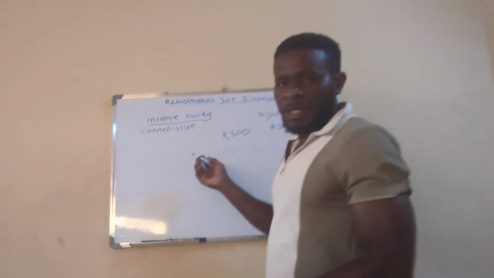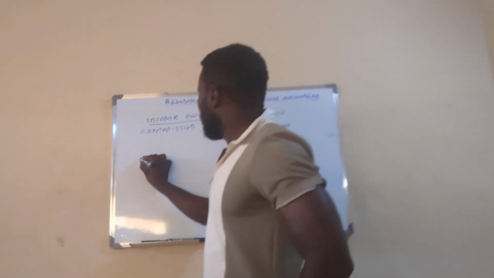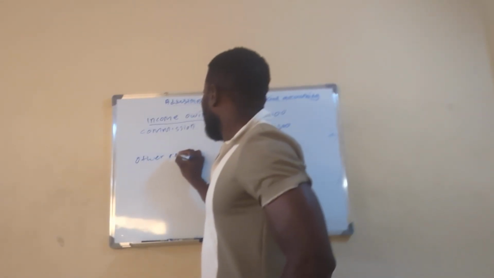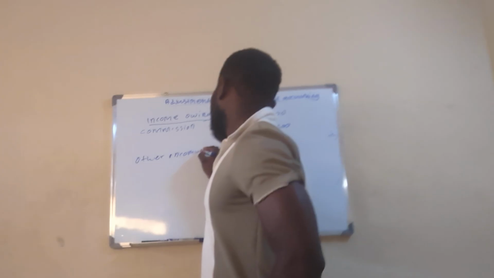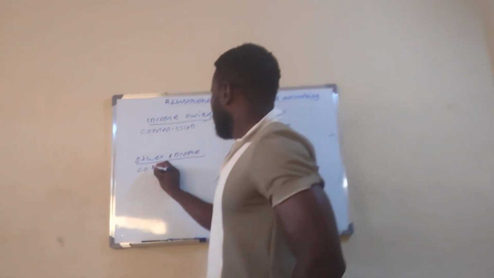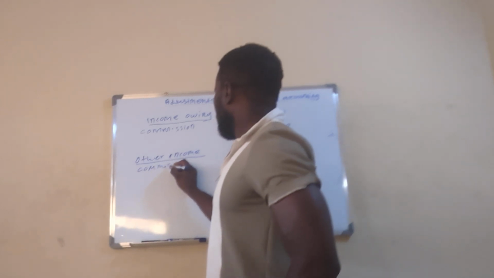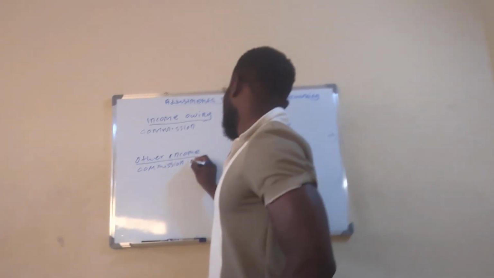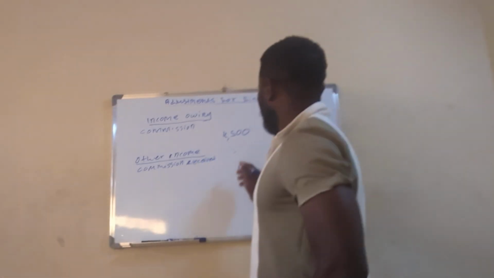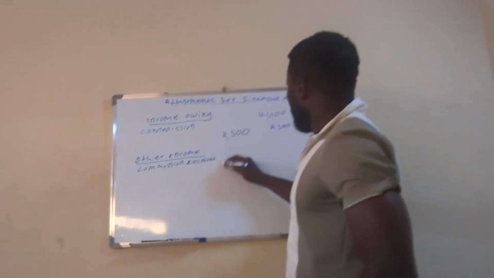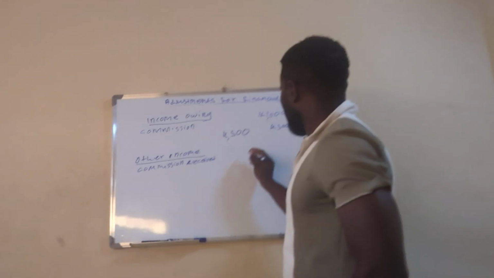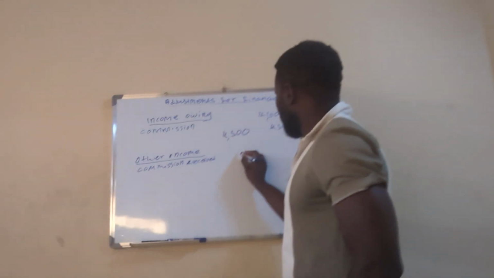So in the income statement, you have other income. There you have commission received. So you are supposed to be paid 1,000, but they pay you 500.